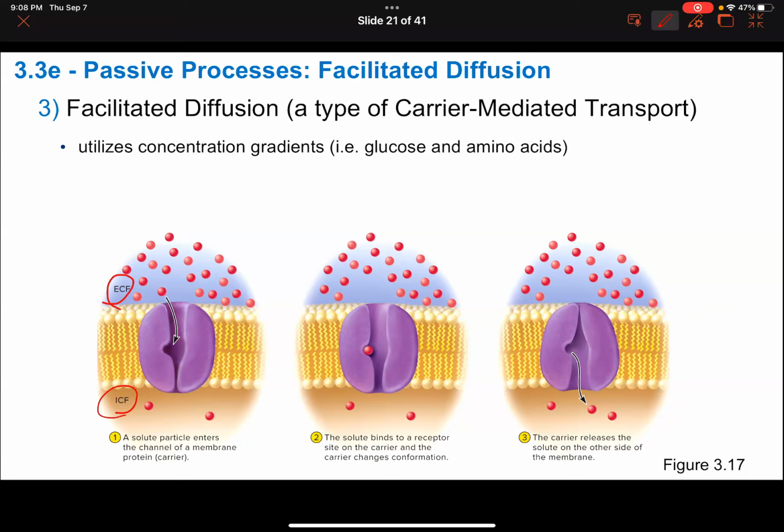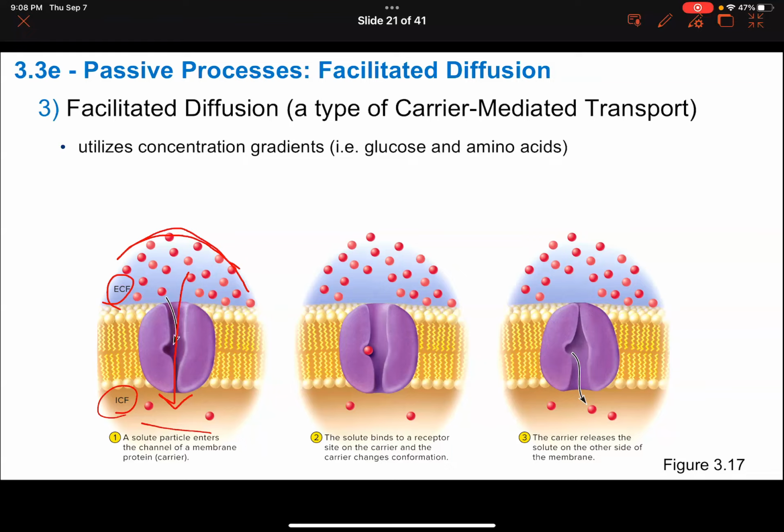You can see here that there's all these red dots that are in a high concentration in the extracellular fluid, and there's only 2 inside, and so those molecules have a driving force. They want to go inside, and the only way they can get in is through this handy-dandy membrane protein that actually has a spot for them and fits for them.